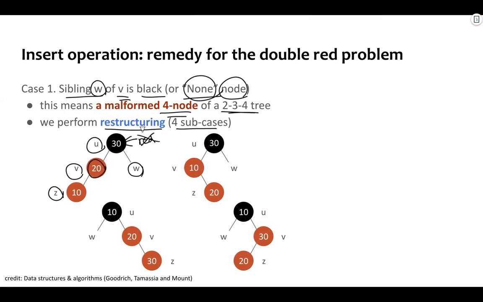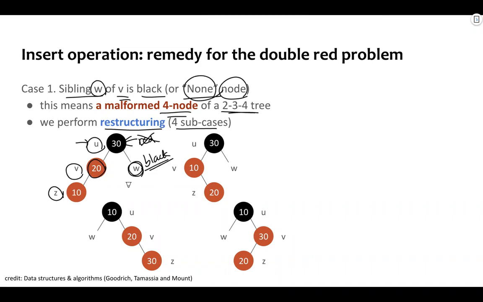This kind of situation does not occur because originally this tree was a red-black tree. And the situation where U is black is not possible. So W is black. And in this case, this one is just a malformed 4-node.